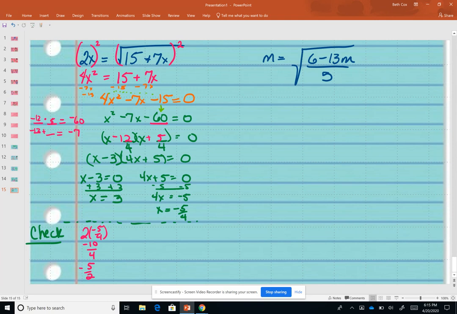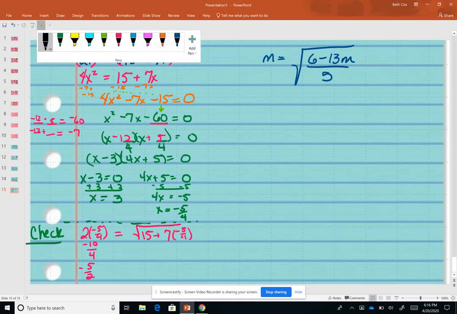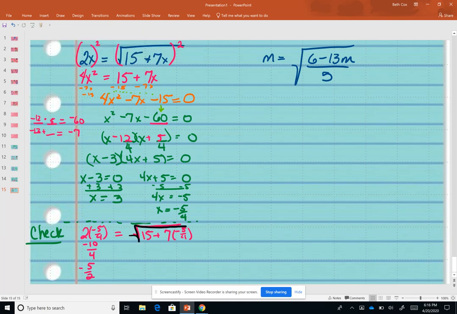So when I plug in the negative 5 over 4, I have this. Now, remember our notation and what our notation means? This notation means positive only. So what does that mean? This cannot be equal to a negative at all. So this answer gets thrown out.